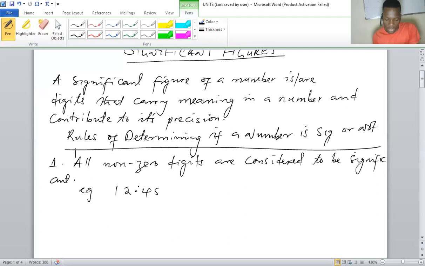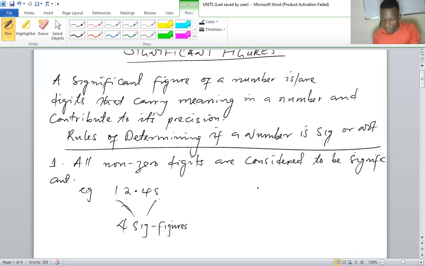When you are counting the number of significant figures in 12.45, we have 1, 2, 3, 4 significant figures.